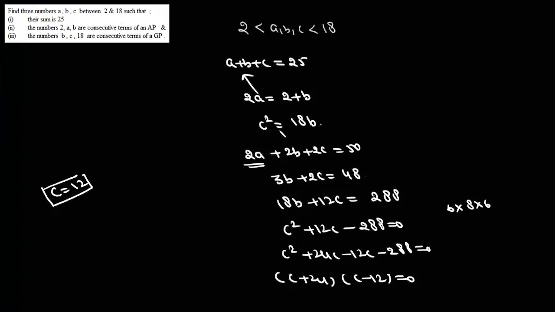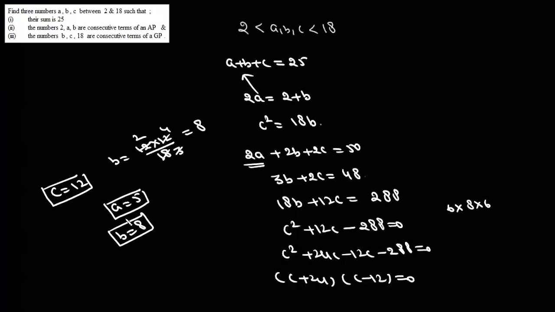Now once C is 12, B is C square by 18. So there will be 12 into 12 divided by 18. Value of B is 8. And once we have B and C, B plus C is 20. Then the value of A is 5. So we get A as 5, B as 8, and C as 12.